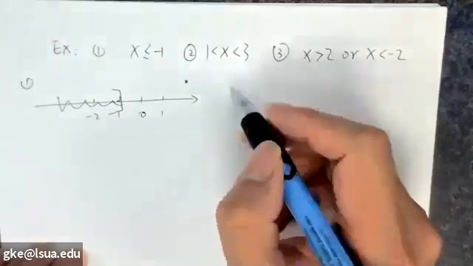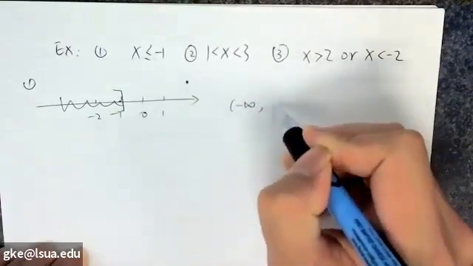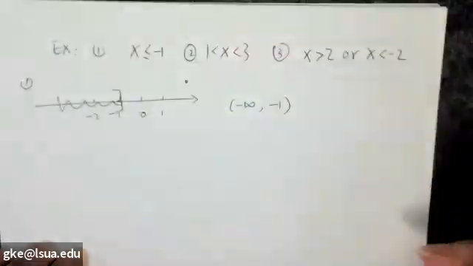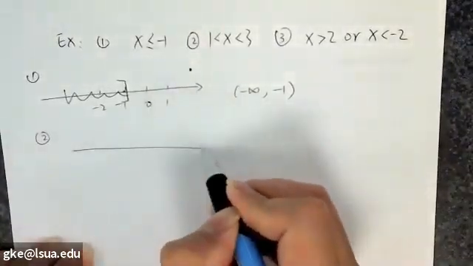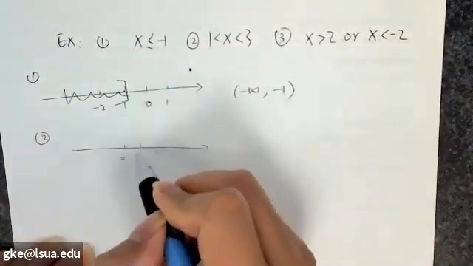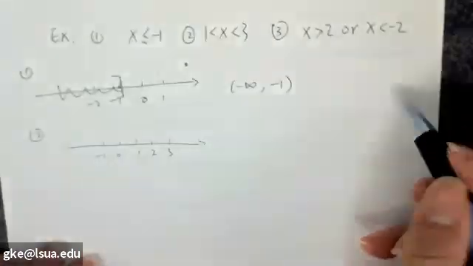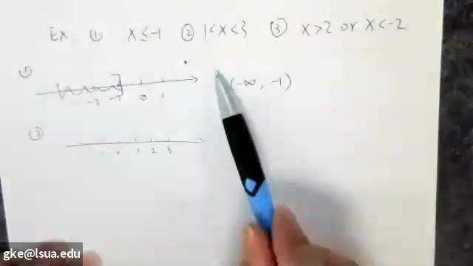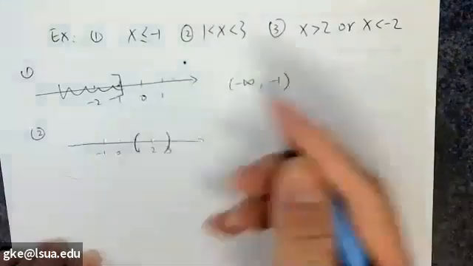And the interval format should be -∞, -1. And the second one is from 1 to 3, from 1 to 3. So from 1 to 3, it's not included.